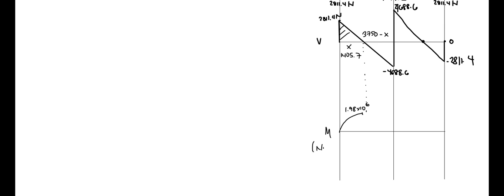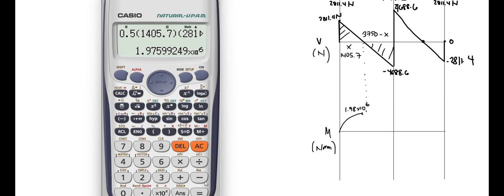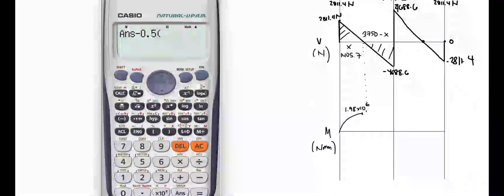This is in Newton millimeters, and this here has a unit of newtons. Next, we subtract this by this area of this rectangle. You would get 1/2 base times height. This is equal to negative 3.52 times 10 raised to the power of 6 Newton millimeters.